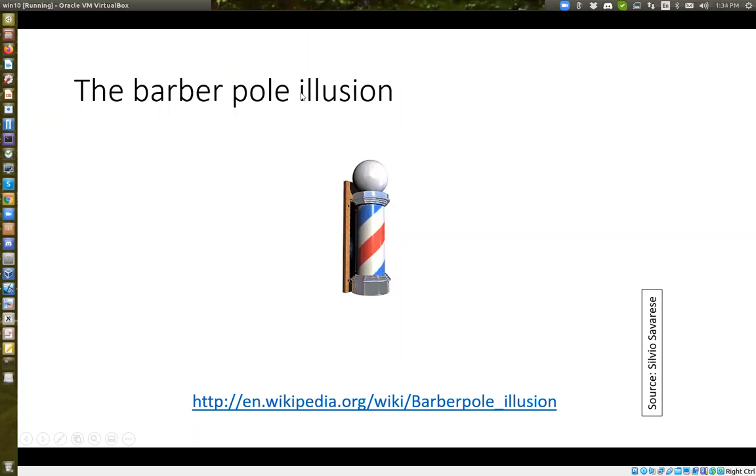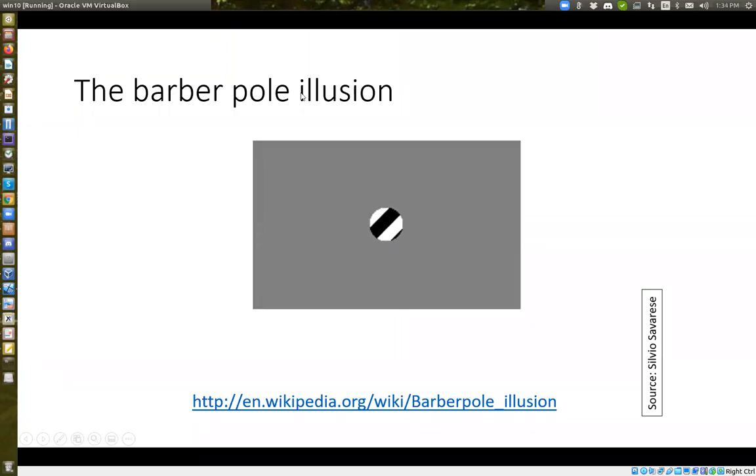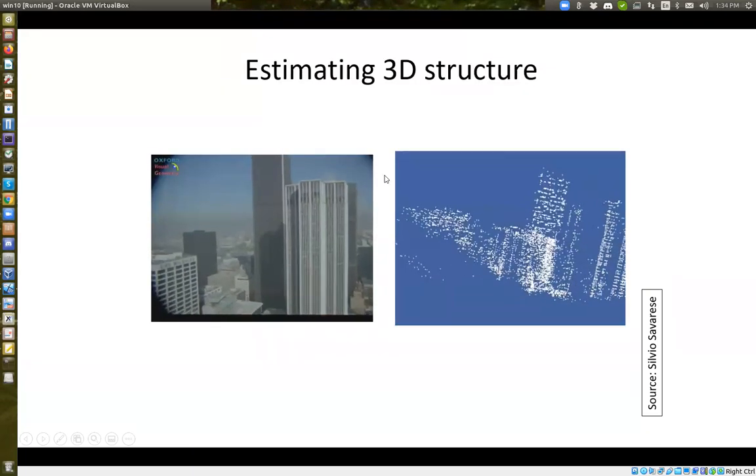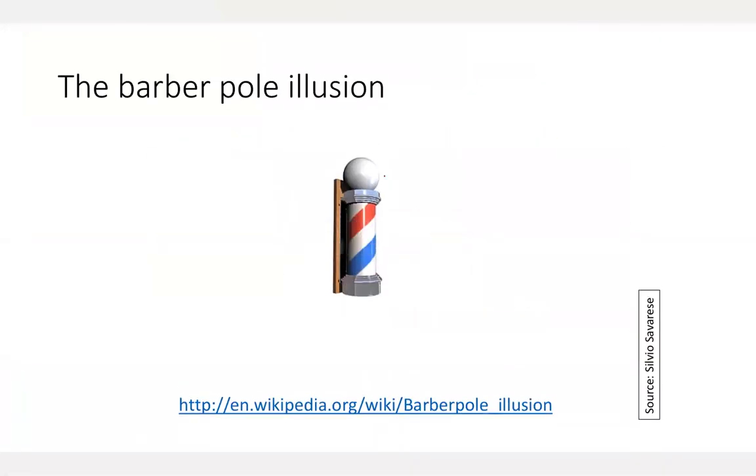And this is another illustration of the barber pole illusion: if you put the aperture here, it looks like it's moving this way, but it depends on the aperture, so you just see different things basically. This is not what I want to show next.